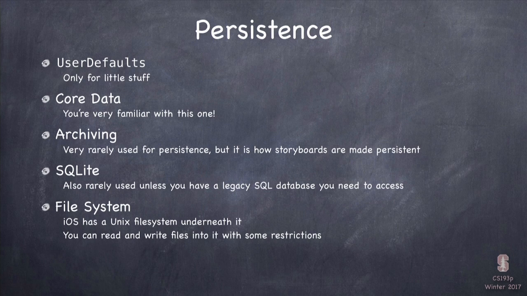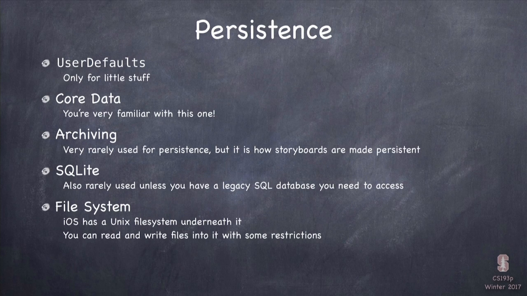Archiving. So archiving is a way of storing an object graph that is not a property list on disk. Your storyboard is archived. Takes all those views, archives them to disk. So we'll talk about that. SQLite, you all know what SQL is. It's a relational database technology. iOS comes with kind of a light version of SQL, which you don't usually ever use because you're using Core Data.